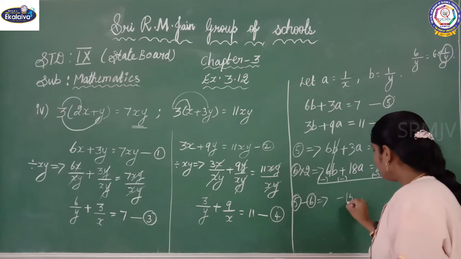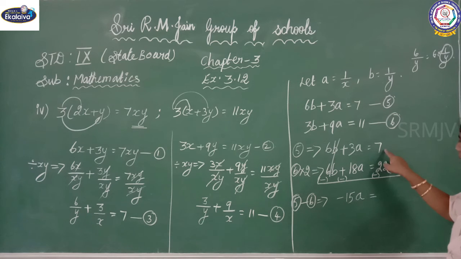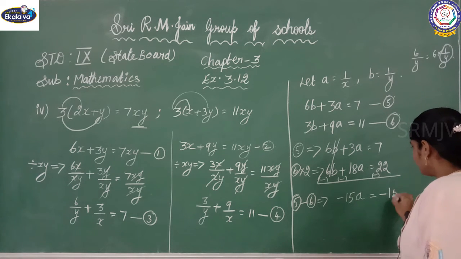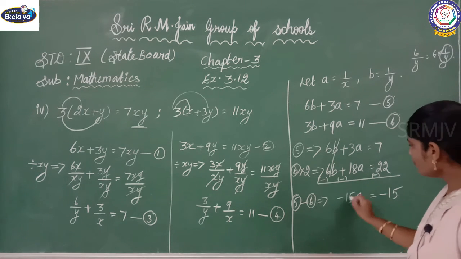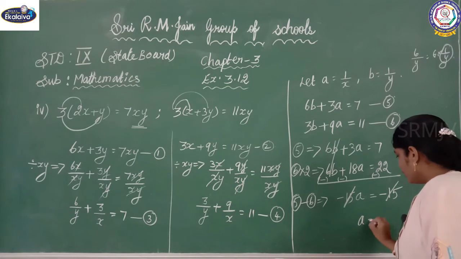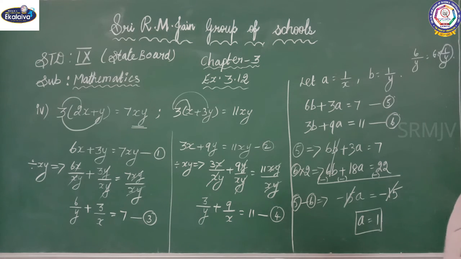Minus 15a equal to plus 7 minus 22. So while subtracting, what will you get? Minus 15. So minus 15 and minus 15 cancel. So a equal to 1. What is the a value? a equal to 1.